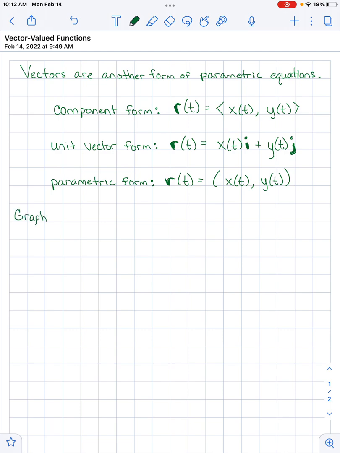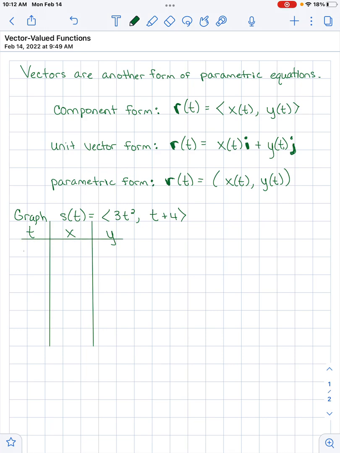Okay, let's graph one of these. We're going to graph one just like we would graph a polar equation, just like we would graph any parametric equation. We're going to graph <3t², t + 4>. Notice this is in component form. We're going to look at these two different components. We will use t to graph x and y. So I'm just going to graph a few points.